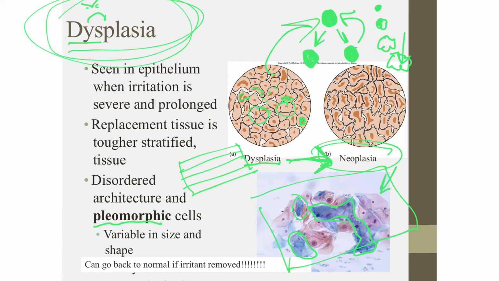Cancerous cells, so full-on pleomorphic cells, which eventually make up a tumor, can't go back to looking like normal cells.